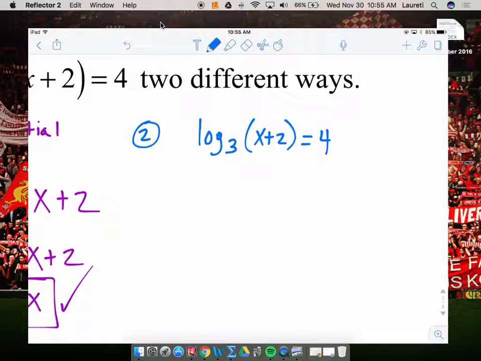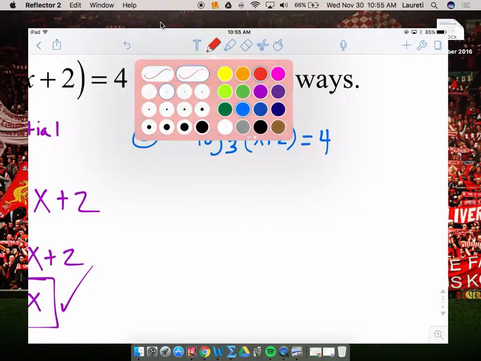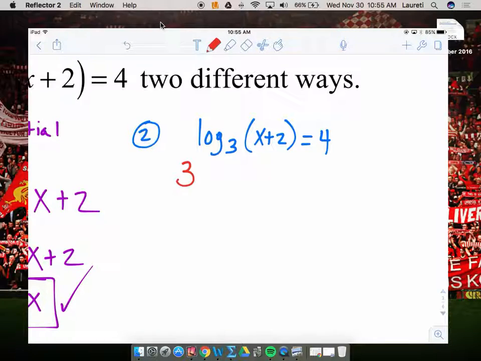So we can use that property where I can raise both sides to whatever this power is, right? So what you do to one side, you do to the other. So you make it 3, right? So now this is your exponent. So 3 to the log base 3 of x plus 2 equals 3 to the 4th power.